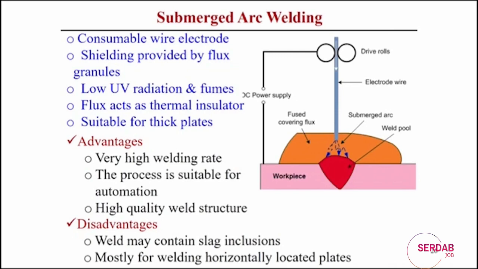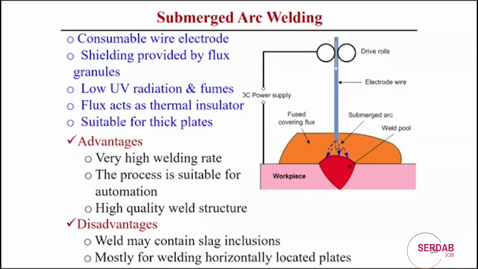If we look at this picture, like the gas metal arc welding process, here also a drive roll controls the consumable electrode, but the shielding happens using the flux granules, and it produces low ultraviolet radiation and fumes as compared to the shielded metal arc welding process.